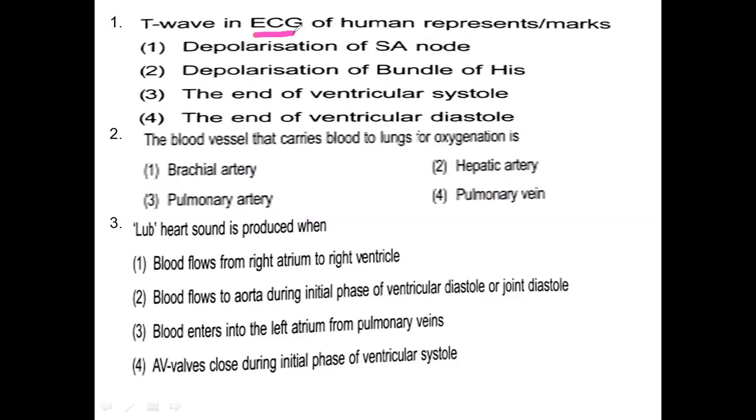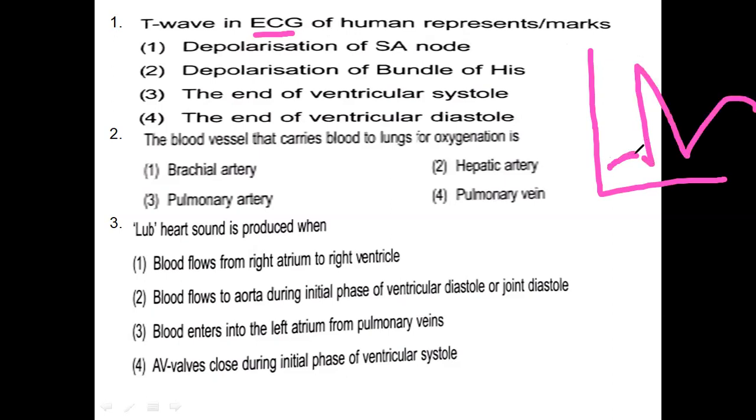The T wave in ECG of human represents the mark. So this is the P wave, this is the QRS wave, and this will form the T wave. P, Q, R, S, and T. P: depolarization of auricle.